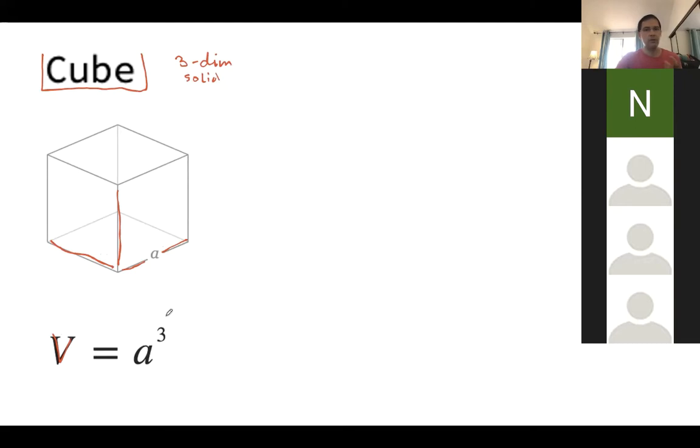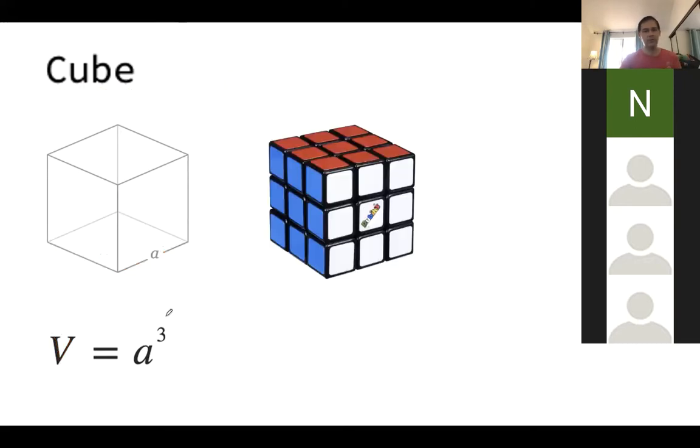One cube that we are very familiar with is the Rubik's cube. What is the volume of this Rubik's cube? Let's say that for me, this is 1 unit and I use this for length. So the length of this one is 1, and the length of this one is also 1, and the length of this one is also 1.